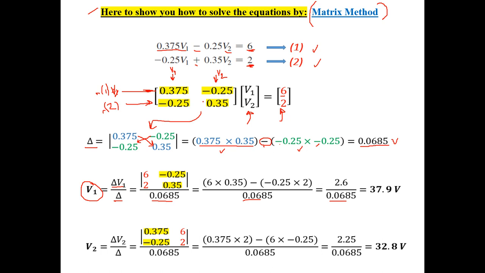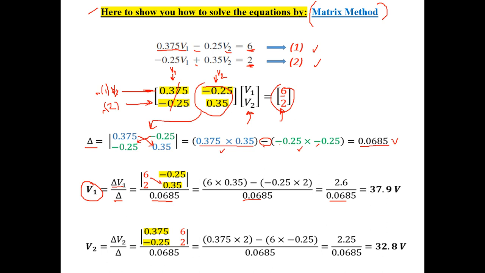You need to find V1, so just remove this column and keep this one. So minus 0.25, 0.35. And this constant number, take it from here and replace the column that corresponds to V1. That's all. Then do again like what we have done before.